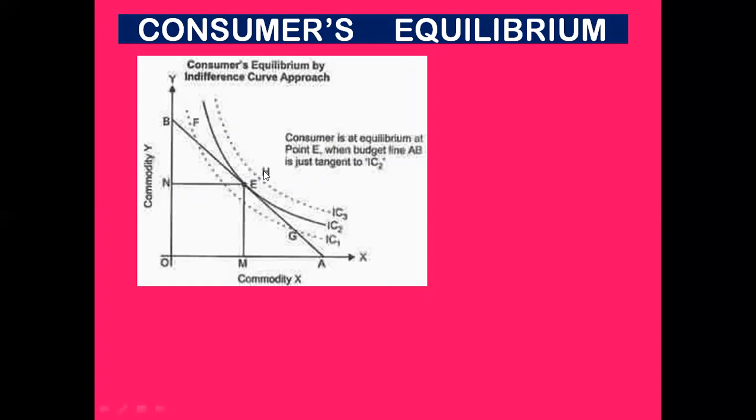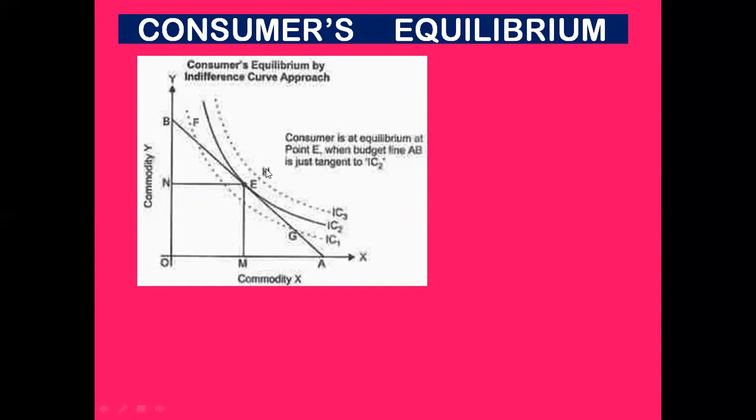But here we see that H lies on a higher IC3, but it is outside the budget line, which is not possible. But F and G lie on the same budget line, but we see F and G lie on IC1, that is lower IC. So the consumer will always prefer point E where he gets higher IC and it is on the budget line.